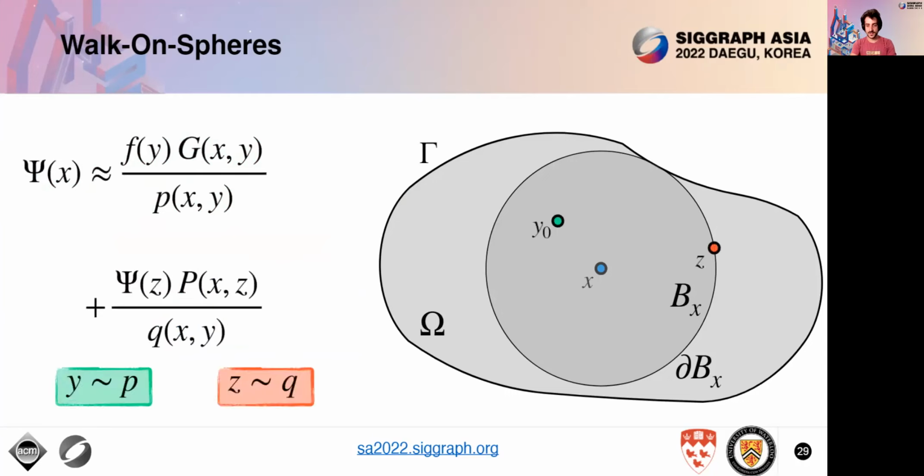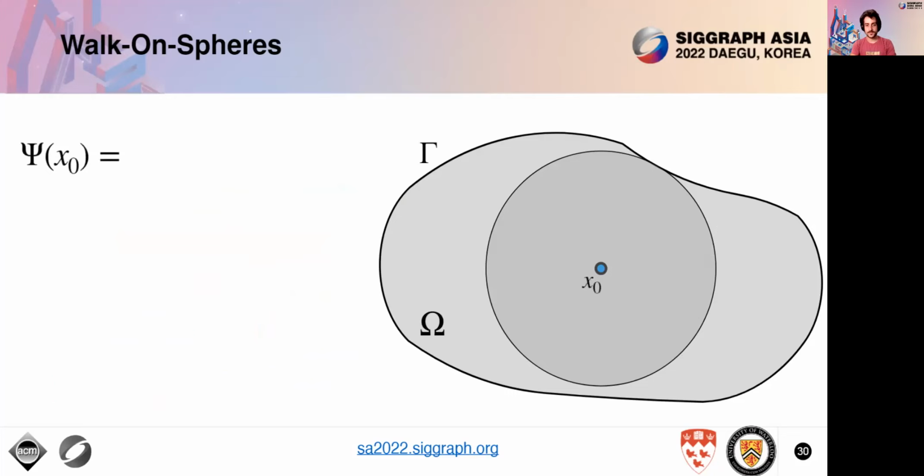And to avoid solving such a difficult integral equation, an approximation using Monte Carlo integration is used. More concretely, we follow the recursion as follows. First, we start from the position of interest and find the largest sphere that still fits inside of the domain. We then sample a random point inside the sphere and add its contribution to a running sum.